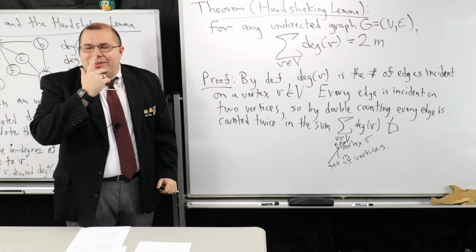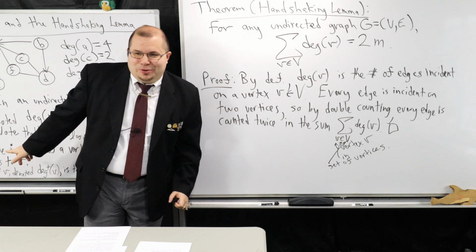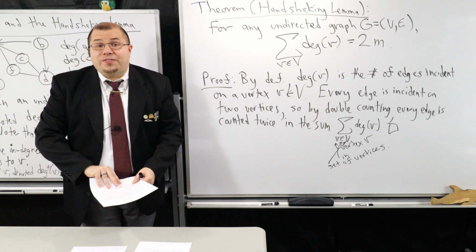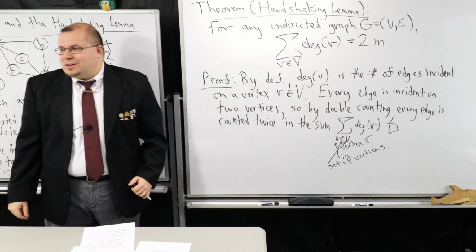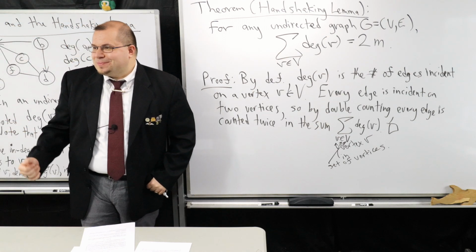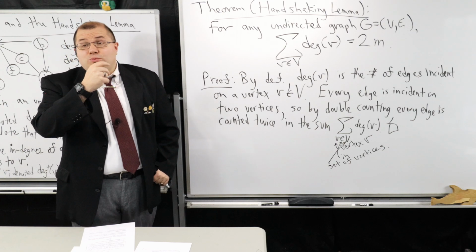But there's something very slick about what I did a moment ago that allows this proof to work. Does anybody remember how I defined the degree of a self-loop, or a loop, whatever you'd like to call it? I usually call them one or the other.